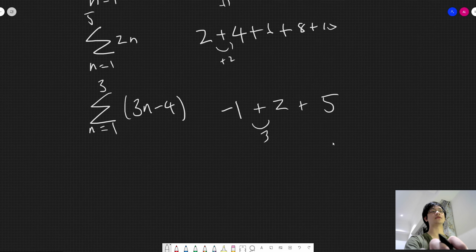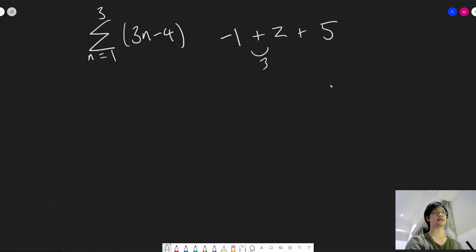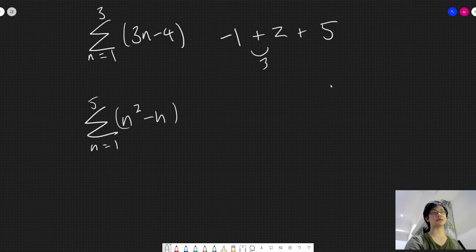But it's also possible that you don't get an arithmetic sequence out of a sigma, for a lot of reasons. An example is, let's say, n squared minus n, okay? Going a little bit more in depth, which is actually still in the syllabus. So if I have n equals 1, then this equals 0 on the first term.